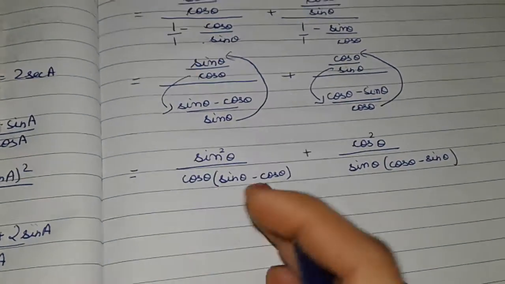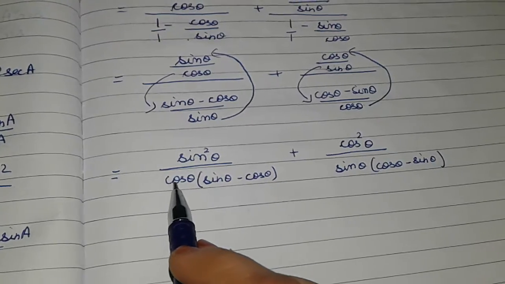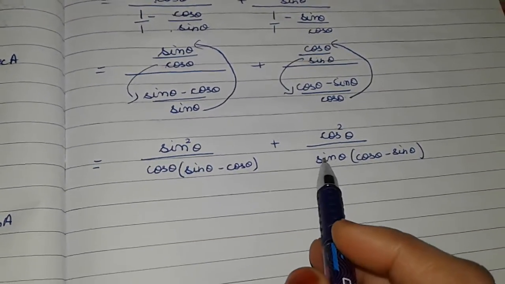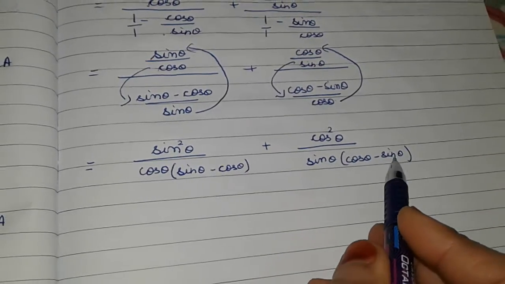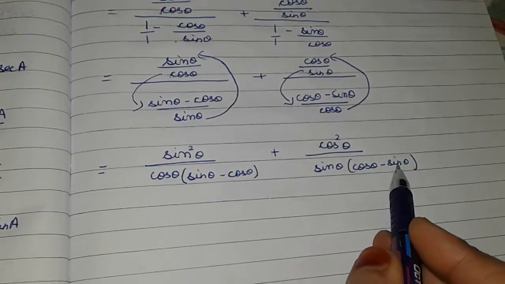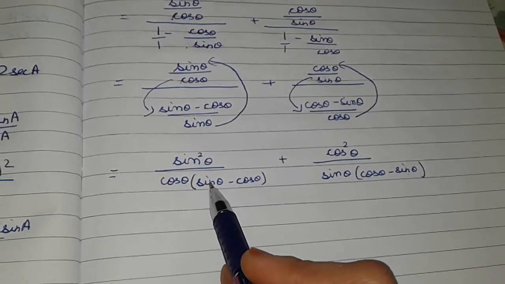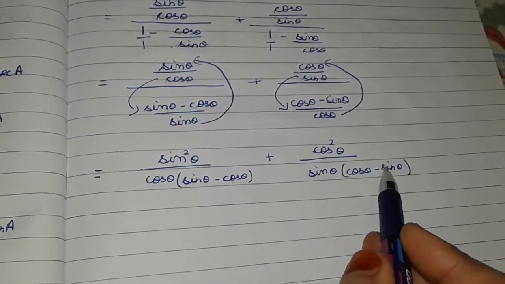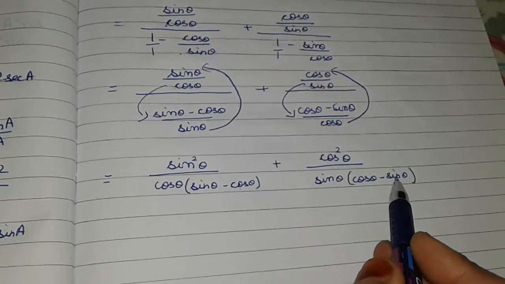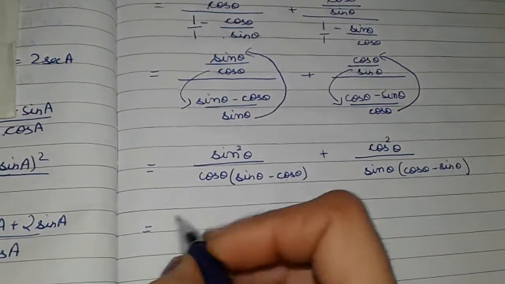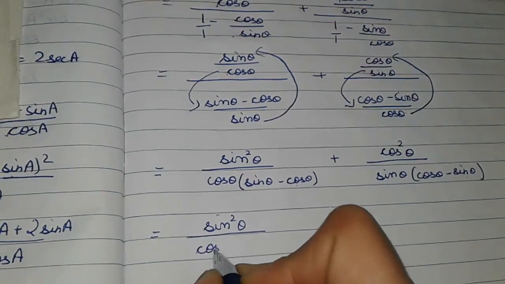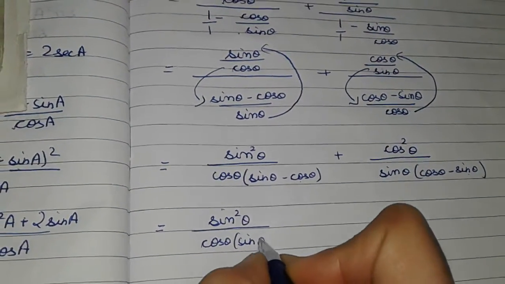Okay. Now look in the denominator, it is cos theta (sin theta minus cos theta). Here it is sin theta (cos theta minus sin theta). This cos theta minus sin theta can become sin theta minus cos theta. Take a minus from this term cos theta minus sin theta, it will become sin square theta upon cos theta (sin theta minus cos theta).